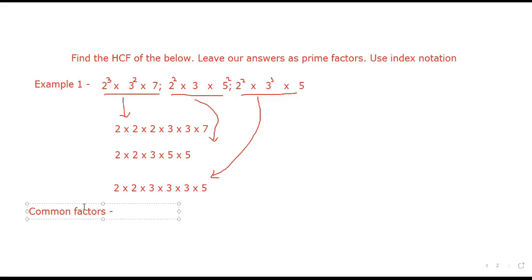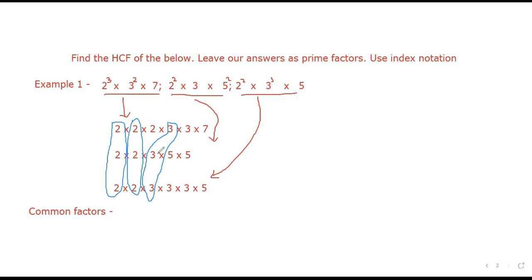This is 1, as you can see. It's common. This is also common. 3 is common, as you can see. Each one is common.